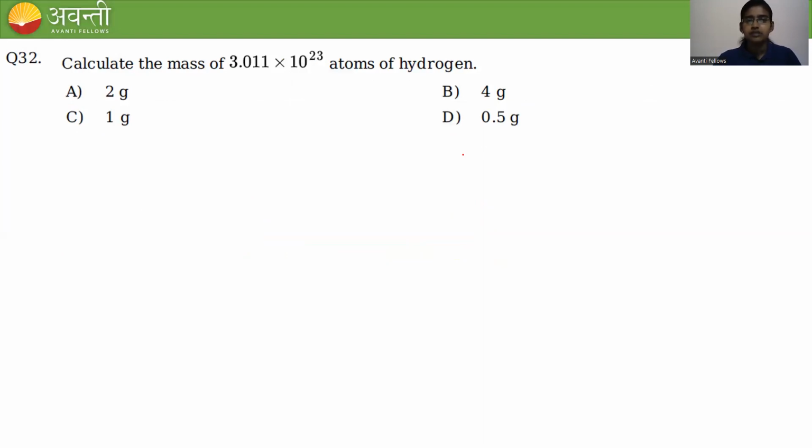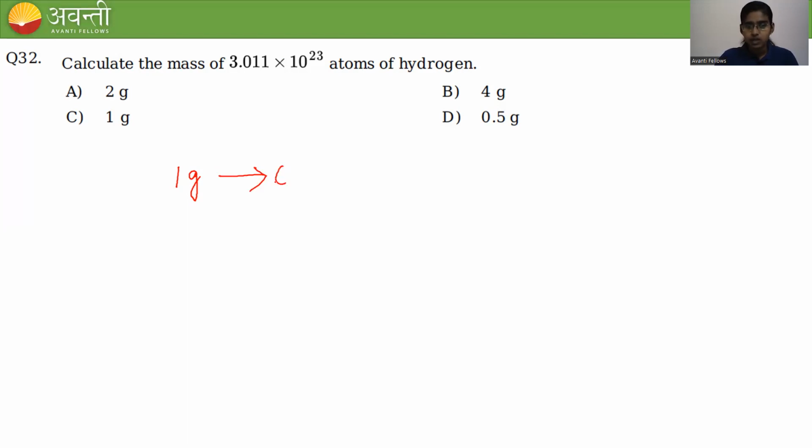Calculate the mass of 3.011 into 10 to the power 23 atoms of hydrogen. Here the number of atoms of hydrogen, that is the number of particles, is given to us, and we are asked to find the mass of this particular number of atoms of hydrogen. We know that in 1 gram of the substance, Avogadro number of atoms would be present, right?